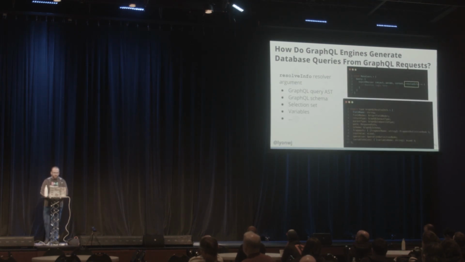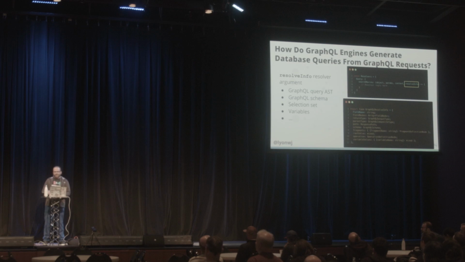One thing that's interesting, so you might wonder, okay, how do these GraphQL engines have the logic for generating these database queries? Well, if we look at the signature, each resolver is passed some arguments, like the context that we saw that has our database connection. But another object that every resolver is passed is called the resolve info object.